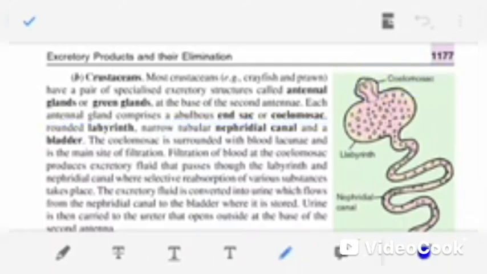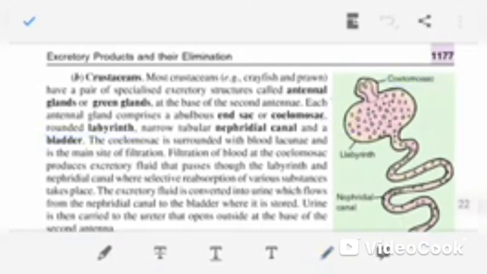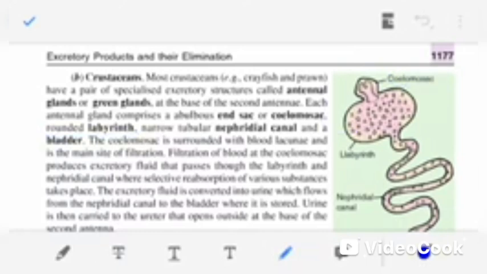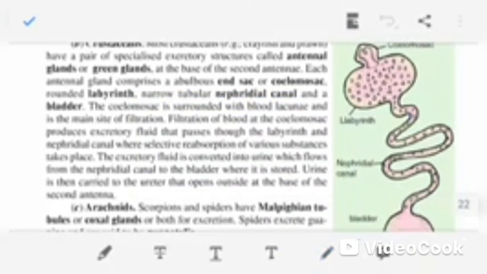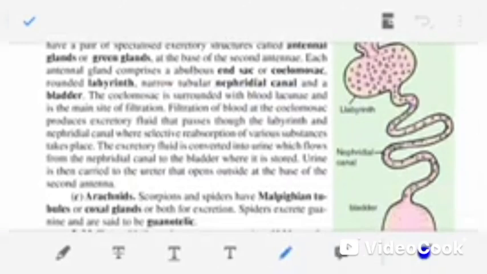It is followed by the labyrinth. Xylem sac followed by labyrinth, labyrinth followed by a narrow tubular nephridial canal. The labyrinth opens into the nephridial canal, and this nephridial canal opens into the bladder.